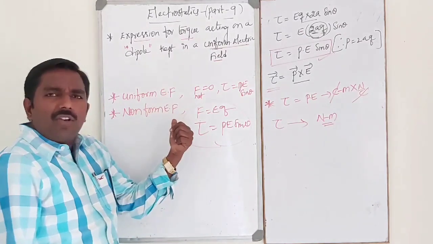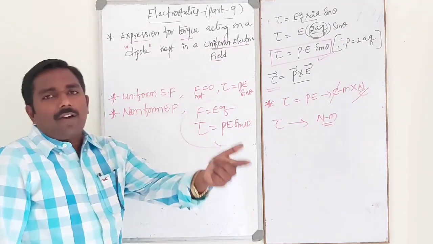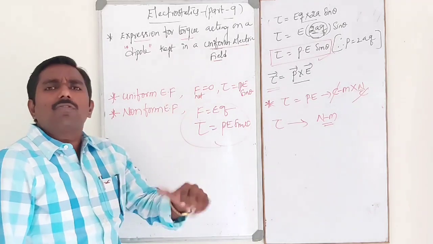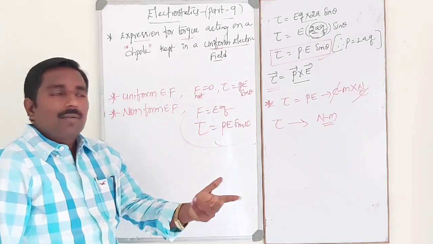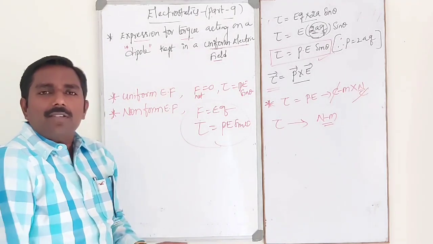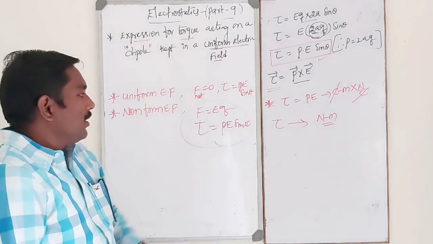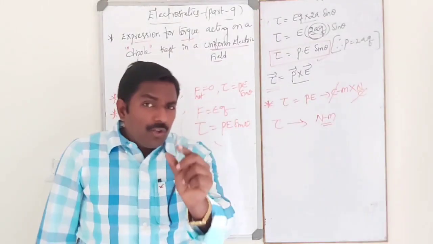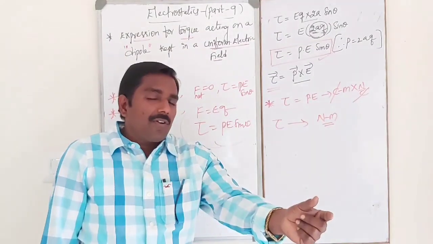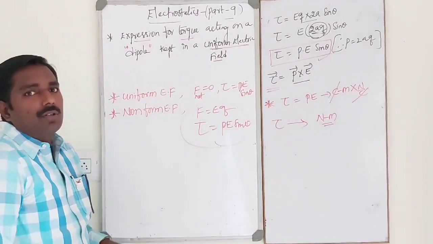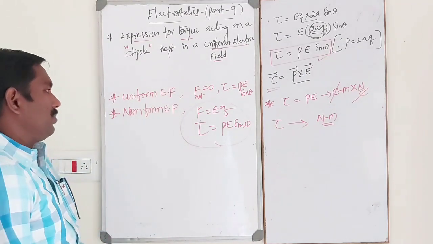Because of the non-uniform electric field, the two charges placed inside the field experience different forces. A unit positive charge placed inside a non-uniform electric field, force will be different. That's why net force is not equal to 0.